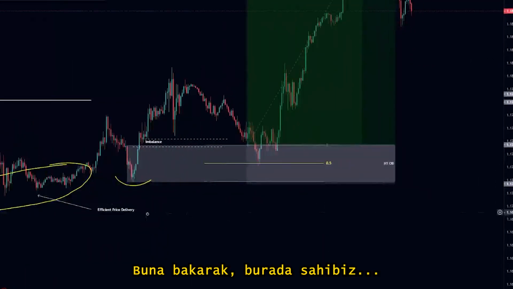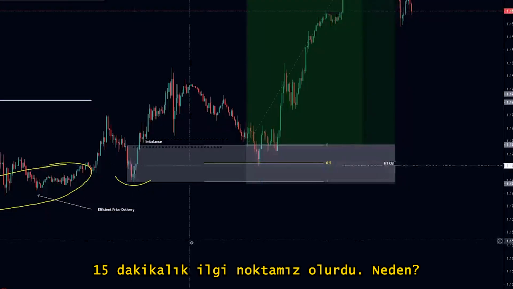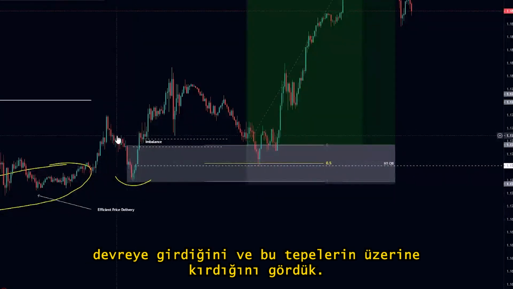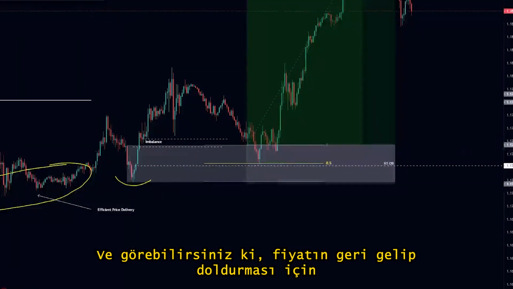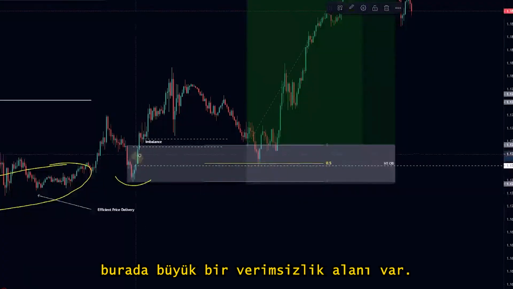Right over here, this would be our point of interest on the 15 minutes. Why? Because just before this candle, we then had true momentum kicking in, breaking above these highs, and then of course the higher time frame highs. And you can see that there's a big area of inefficiency here for price to come back and fill.